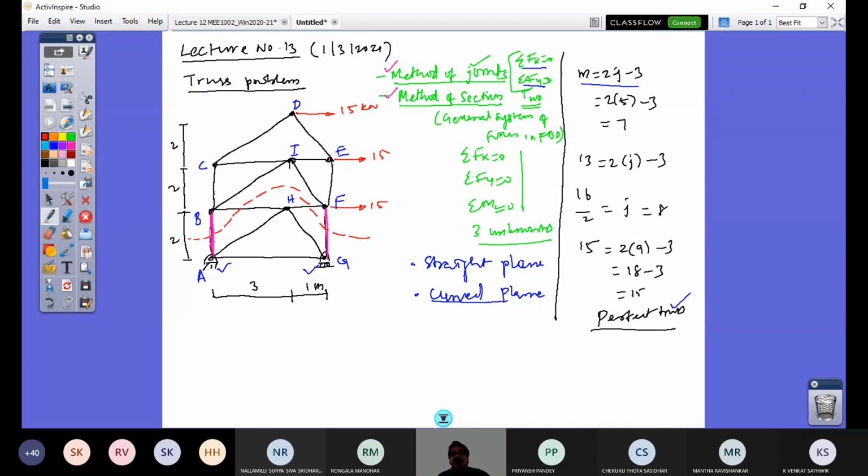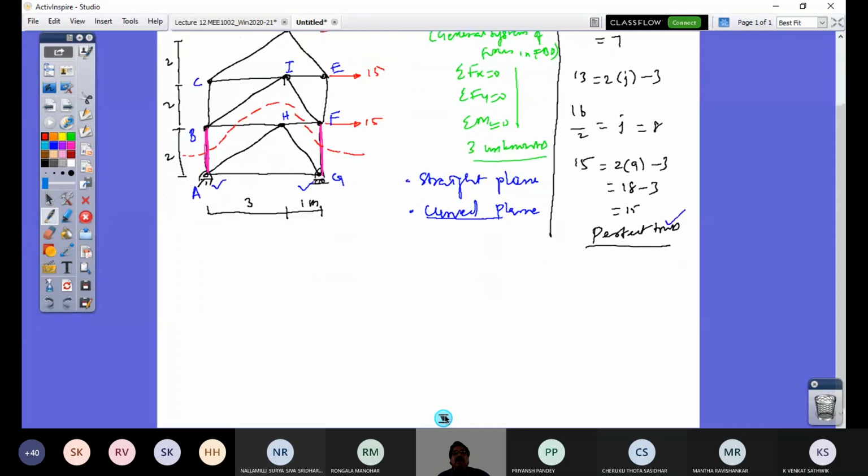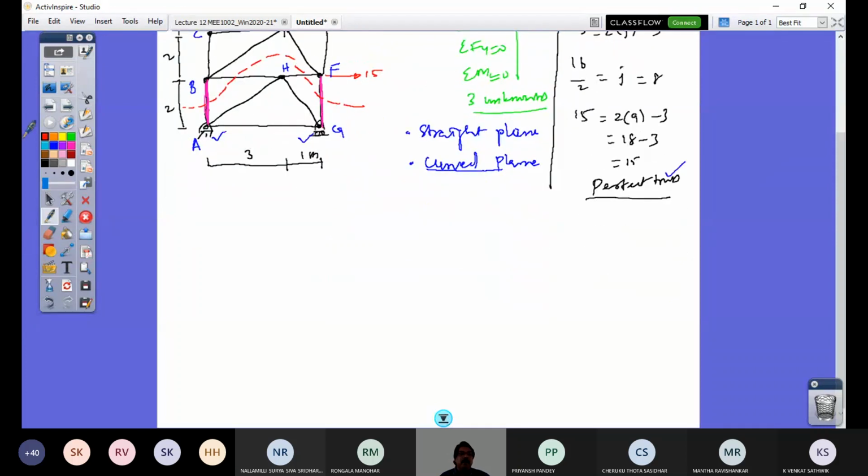So what am I going to do now? I'm going to take a free body diagram of the upper part of this truss drawn. The free body diagram of the upper part of the truss would be this.